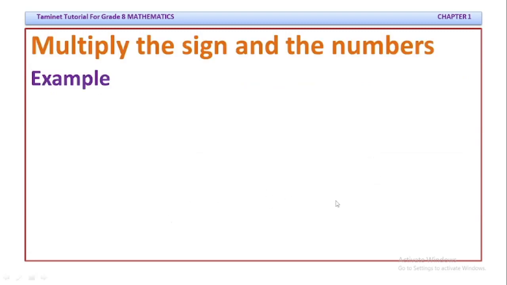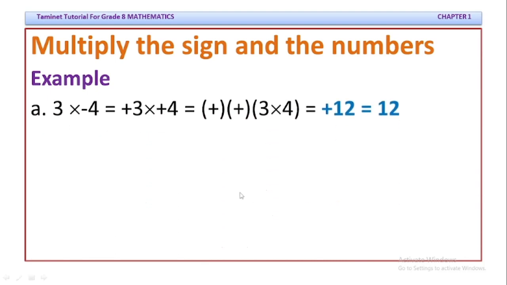Multiply the sign and the number. Okay, now for example, how can we decide the sign of the product? First multiply the signs and next multiply the numbers, and finally we can decide the product easily. For example, 3 times negative 4.